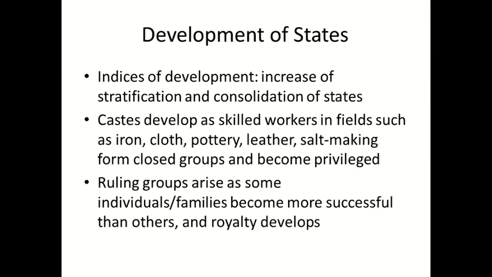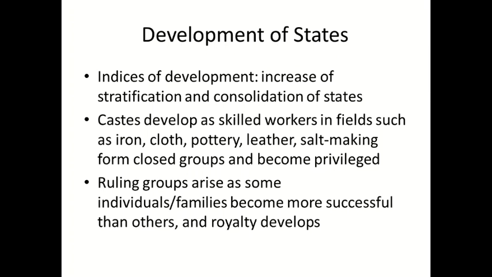So again, following from trade, we have other changes of a social political nature that accompany the expansion of the productive forces, which we had all over Africa, and that is the development of states. Initially, the development of states proceeded with greater stratification in society.